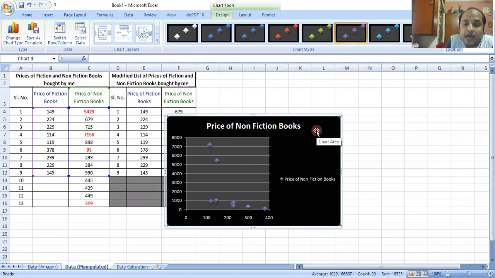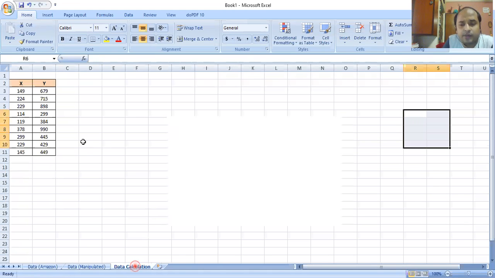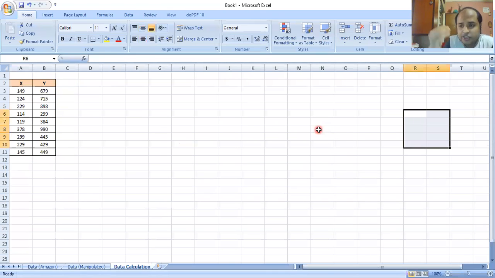Because 5429 and 7150 were outliers, I omitted them. Now suppose someone says, sir, just keep this 95 in the picture and omit 449, a 10-digit figure instead of a 100-digit one.